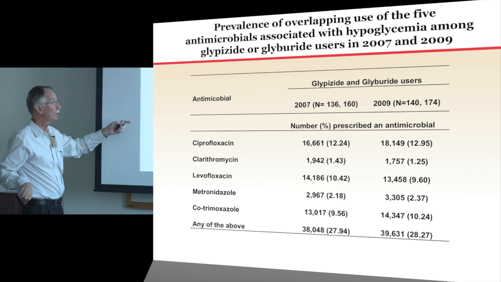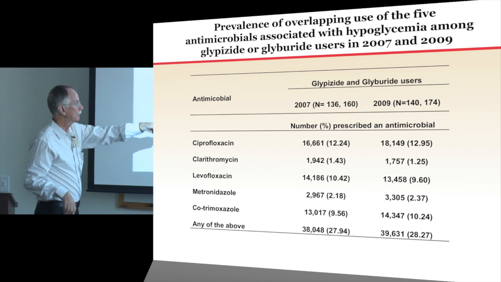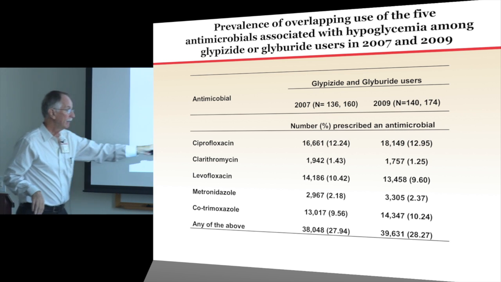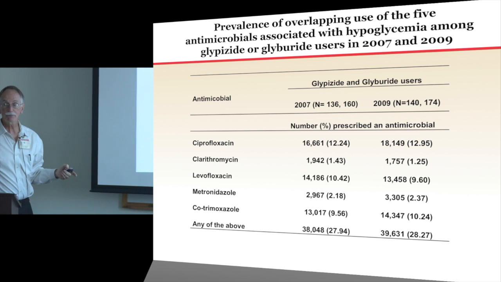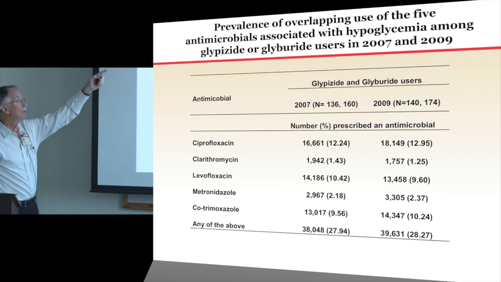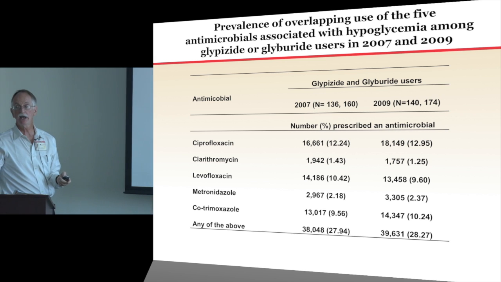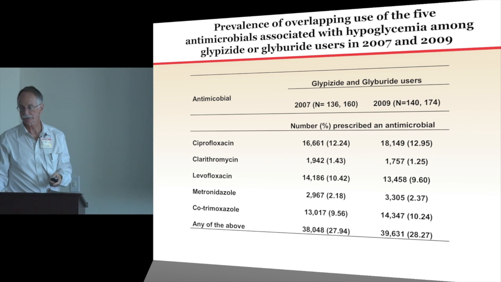So you're not talking about a small number. It's like 10% for most of these drugs, and if you look at any, it's like 28%. 28% of people who are on glipizide or glyburide received one interacting antibiotic during that year.